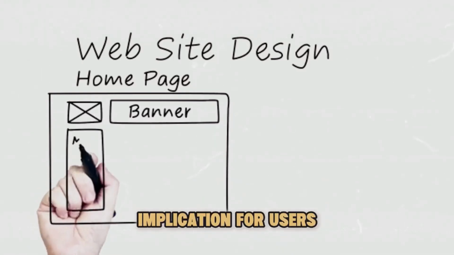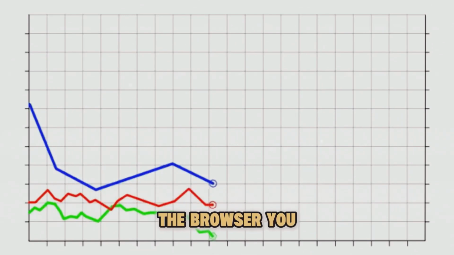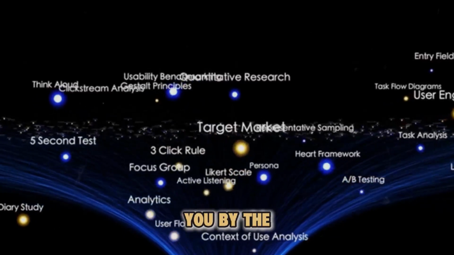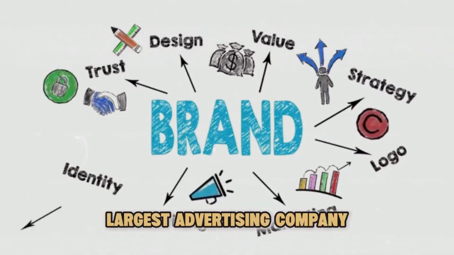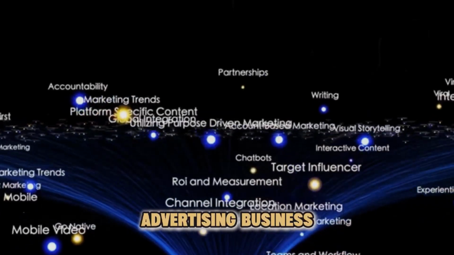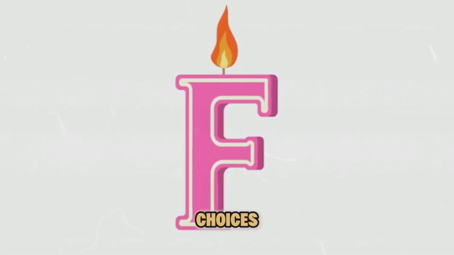The practical implication for users is that browser choice is a privacy choice. The browser you use determines, in substantial part, how much data is collected about you by the sites you visit. Chrome, as a commercial product of the largest advertising company in the world, has made choices that favor the advertising business. Firefox, as a product of a nonprofit, has made different choices.